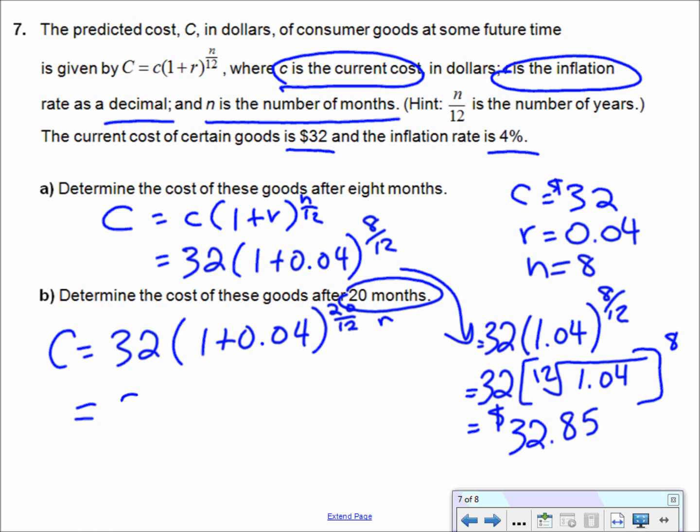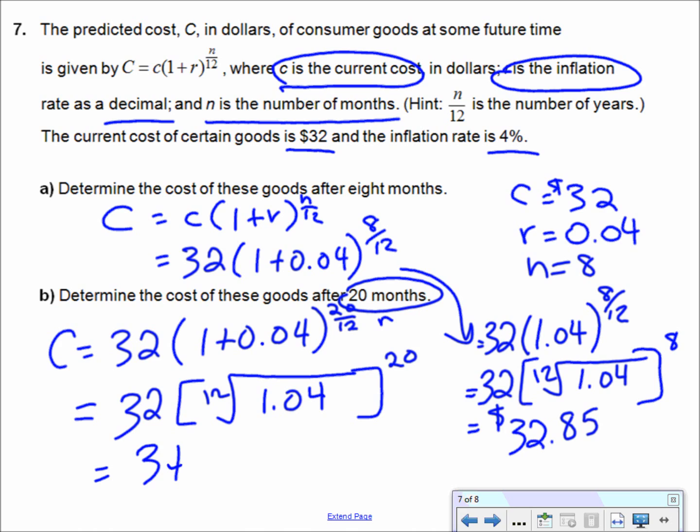Again, I'm putting it in radical form. I got 34.16. So $34.16.